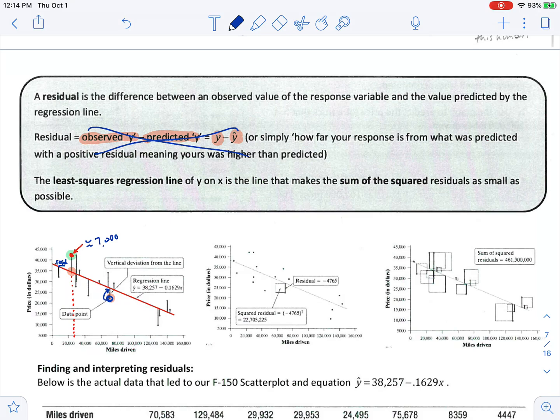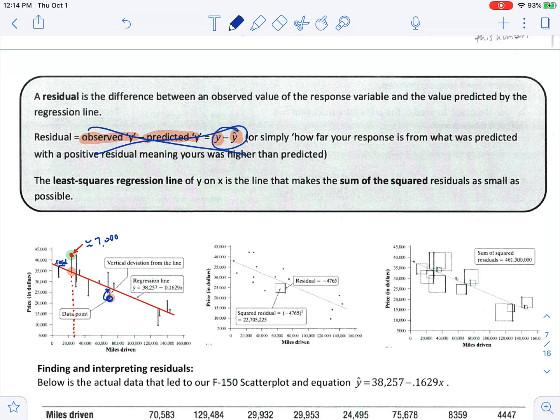Here's what it is. How far above or below is it from what was predicted? If your value is higher than what was predicted, you have a positive residual. Again, doesn't necessarily mean it was good or bad, just a positive residual, higher than expected. If you're lower than expected, what would you think you have? Oh, I don't know, maybe a negative residual. So I don't really think about this. Some of you guys will be like, well, what's the equation?